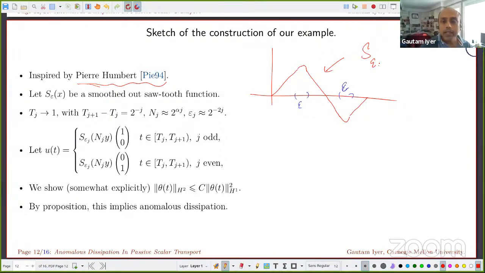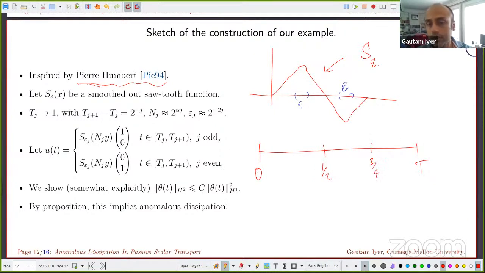Then I'm going to divide time into a whole bunch of intervals. So here's 0, here's capital T, and let's split it up. Let's go for time half, and then for time 3/4, and then for time 7/8, etc. And so these are your T_j's.